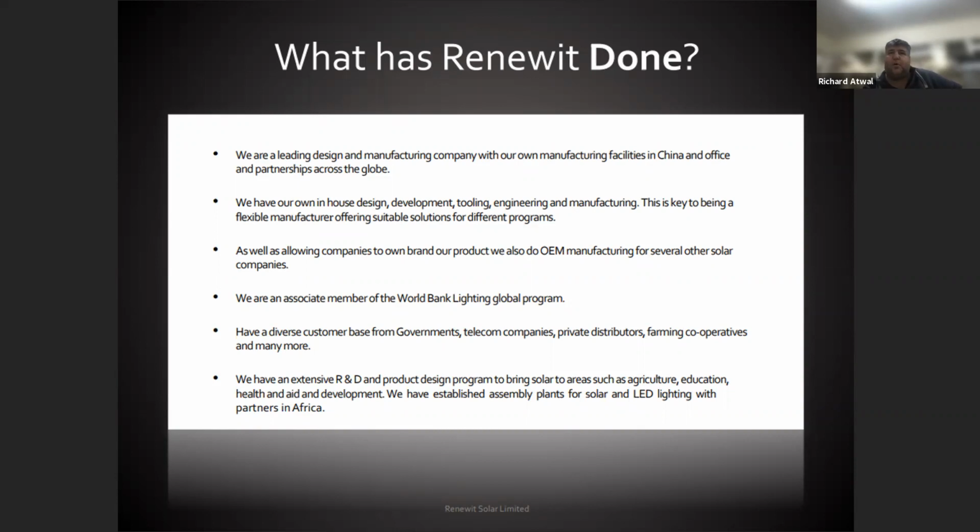Part of the efficiency process was that we realized we couldn't do every part of the process well. We were much better off focusing on the element that we were good at, which is the design and manufacturing of the product. And we now solely do that. We manufacture for brands and other companies who distribute off-grid solar products, which is our key business.